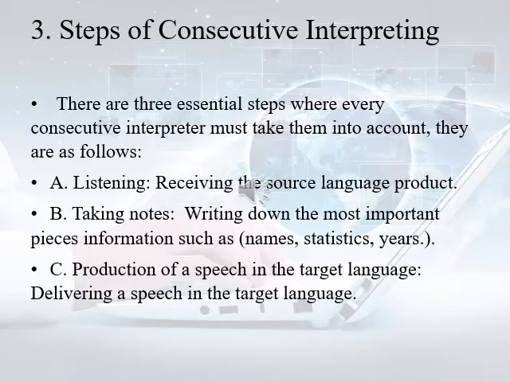First of all, we have to talk about listening, which is concerned with receiving the source language product. The second step, taking notes, writing down the most important pieces of information, such as names, statistics, years, etc. And the third step is concerned with production of a speech in the target language, delivering a speech in the target language.